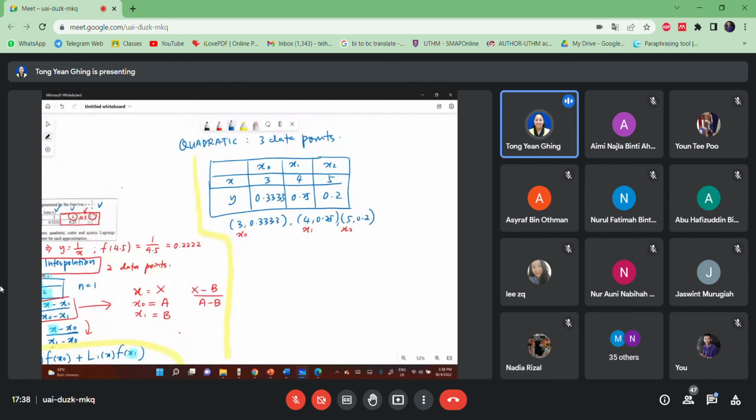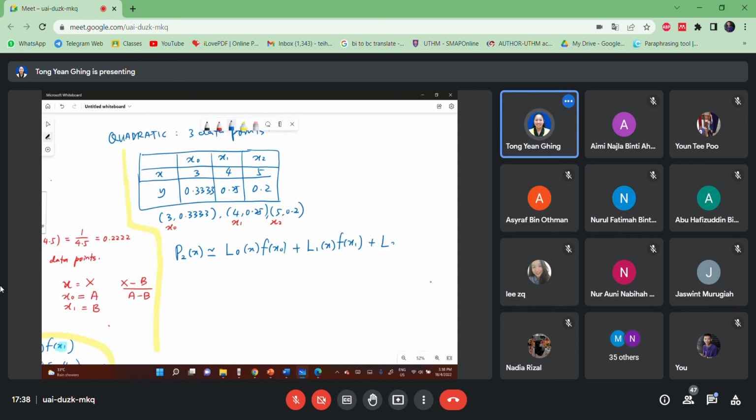So now I want to find the Lagrange quadratic polynomial. P2(x) approximate is L0(x) f(x0) plus L1(x) f(x1) plus L2(x) f(x2). So this one has to be 4.5 minus, start with x0. Let me write it first.